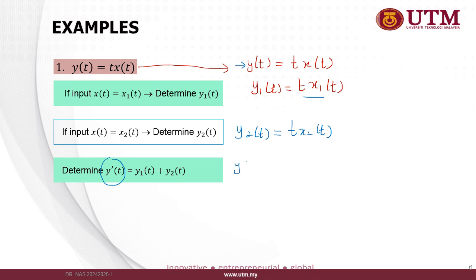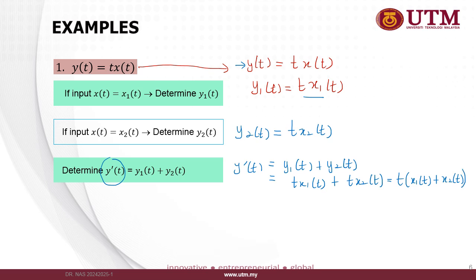So y prime (t) equals y1(t) plus y2(t), which is equal to t x1(t) plus t x2(t). This can be simplified to t times x1(t) plus x2(t). This is your y prime (t).